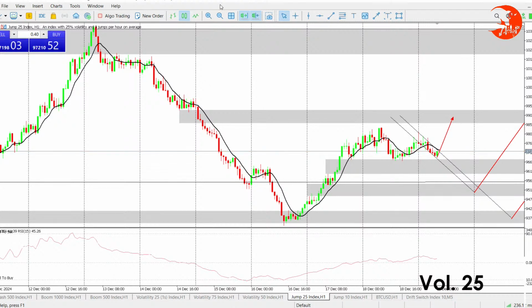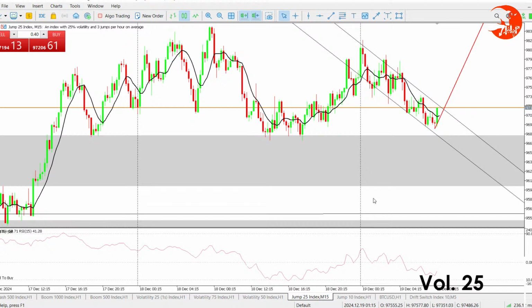According to H1, according to M15, it is still on, even though you have been seeing lower lows and lower highs. Clearly here, according to M15, that is a change of character right there that we have just seen. And those who know double tops and double bottoms, that is a confirmation there of a double bottom.